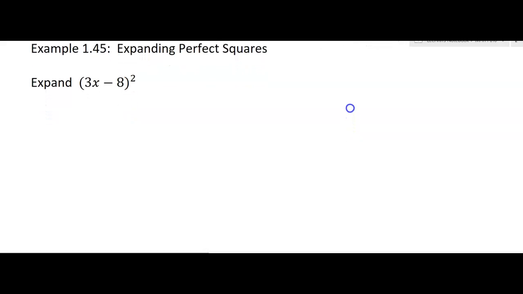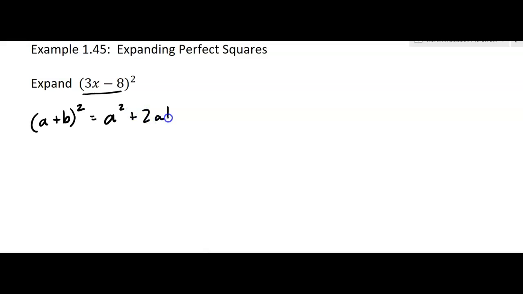So, okay, expanding perfect squares. What we have here is a binomial and we're squaring it, okay? So first we could follow the formula. The formula says if you have a plus b squared, it's going to equal a squared plus 2ab plus b squared.